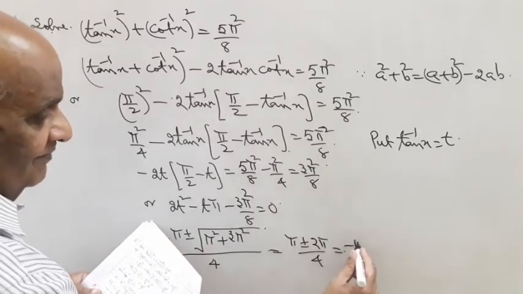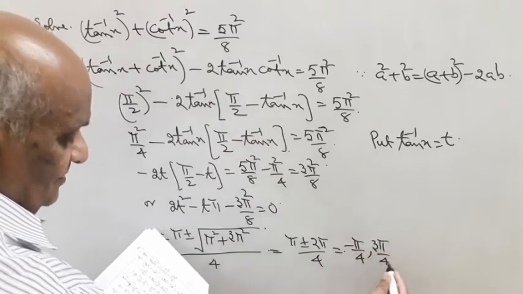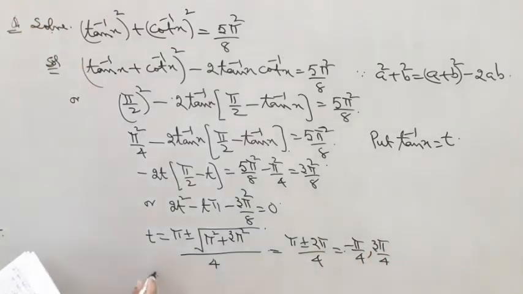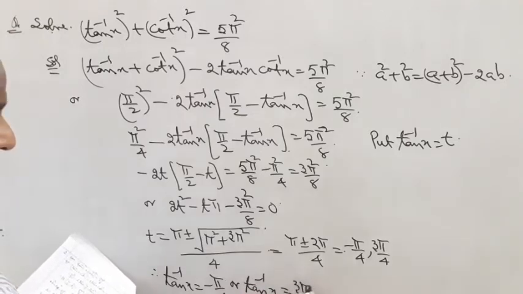This is minus pi by 4 or 3 pi by 4. Check out. Therefore, tan inverse of x is equal to minus pi by 4 or tan inverse of x is equal to 3 pi by 4. See, both corresponding to this, and this implies x is equal to minus 1. So minus 1 is the solution for this case. Check out.